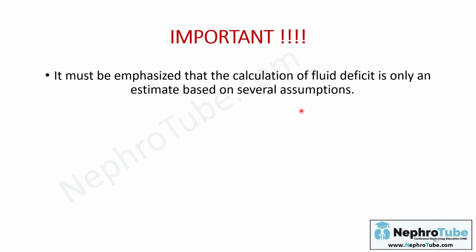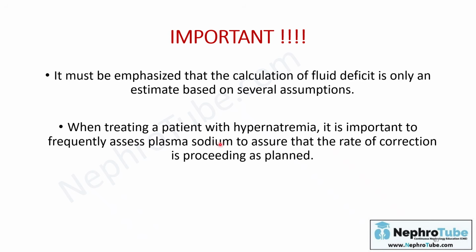So although you calculated the patient's water deficit and the rate of correction, there may be a possibility of overcorrection or undercorrection. So you have to assess plasma sodium every 2 hours, especially in the first day, to assure that the rate of correction is proceeding as planned.